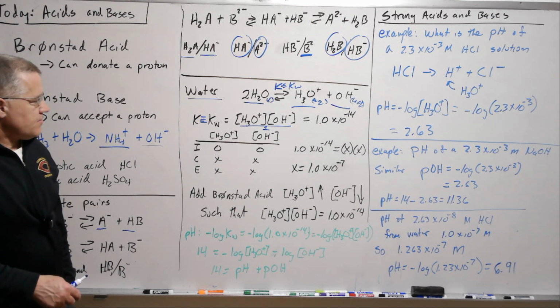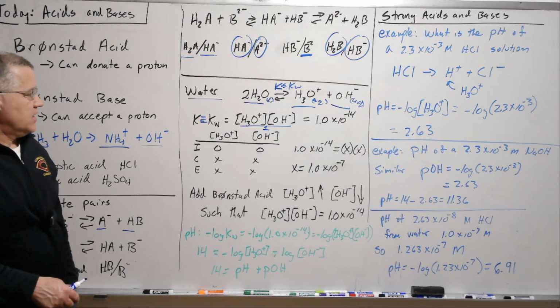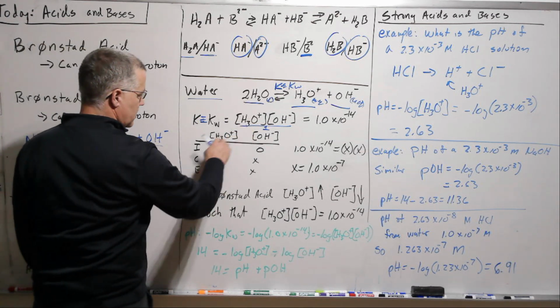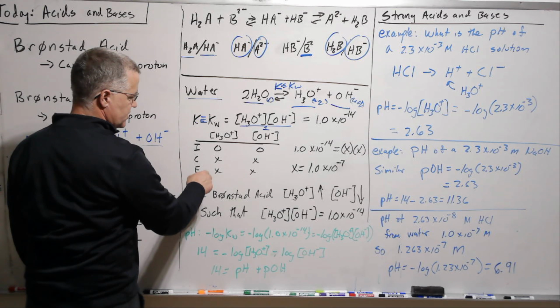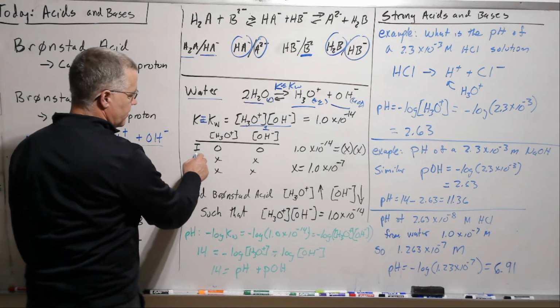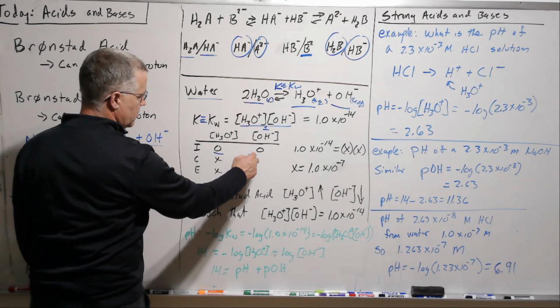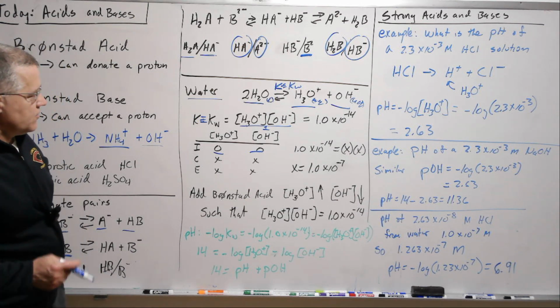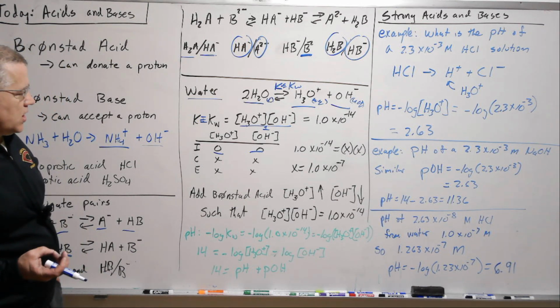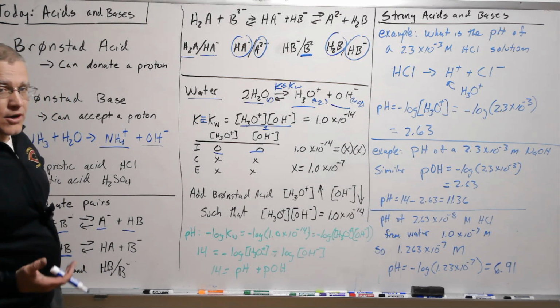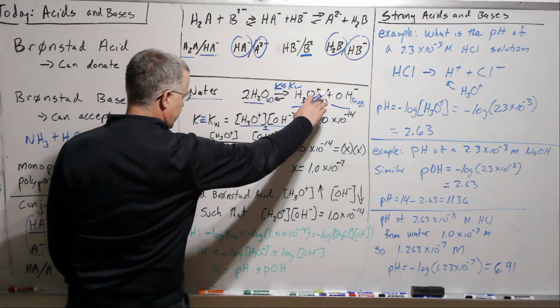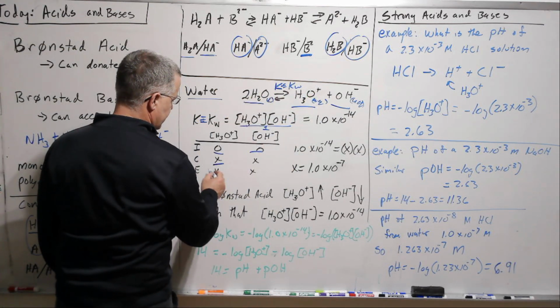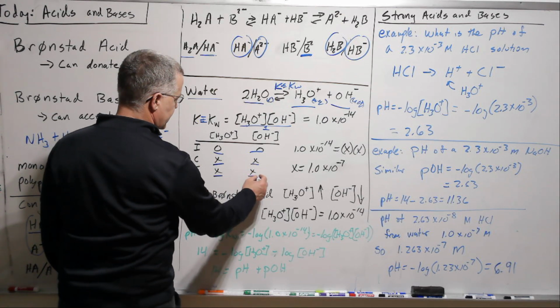All right, so let's write the ICE chart for this. I won't write the water column, although you could, and just put dashes there since it's not involved. So we have ICE, 0 amount starting. So we're going to start with pure water, intact water. And then water in water dissociates a little bit. So a little bit of x here, and a little bit of x here.